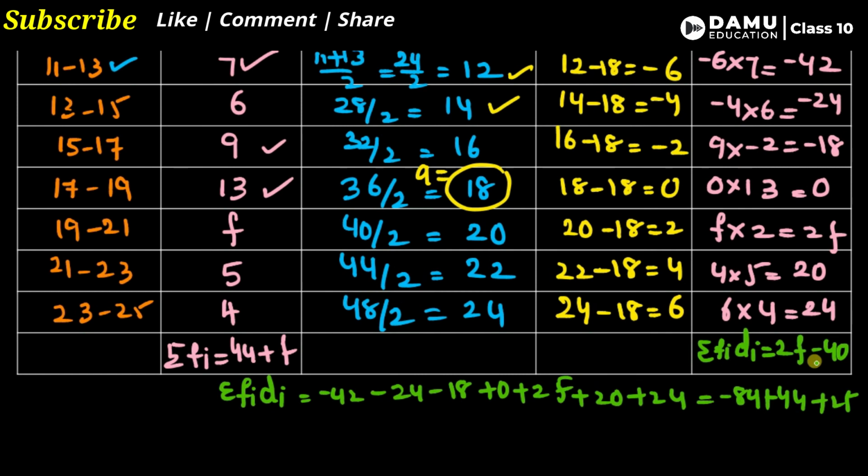Now we already know the assumed mean is 18, and the average, x bar, is given as 18. So x bar is equal to the assumed mean plus summation of fi di by summation of fi.